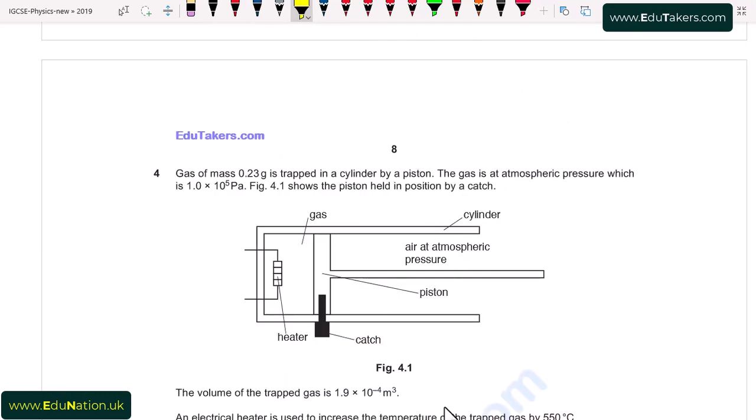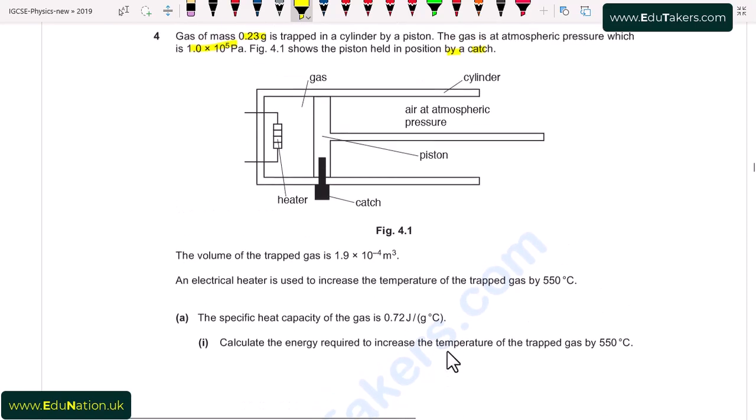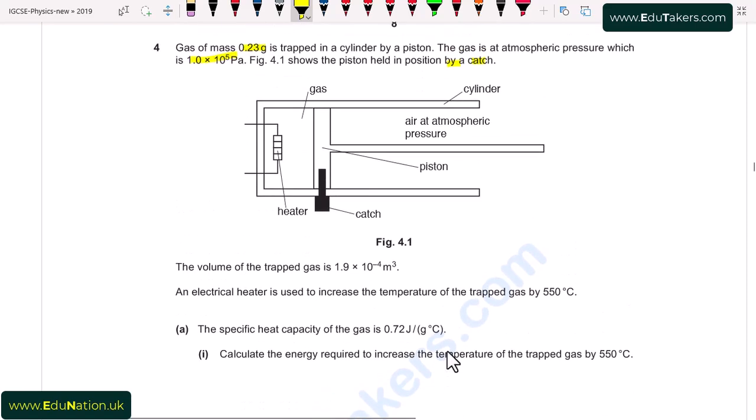Question number 4. Gas of mass 0.23 gram is trapped in a cylinder by a piston. The gas is at atmospheric pressure, which is 1.0 × 10^5 Pascal. The value of atmospheric pressure is given. Figure 4.1 shows the piston held in position by a catch. In figure 4.1, we can see a heater attached at this position, and there is also a catch.